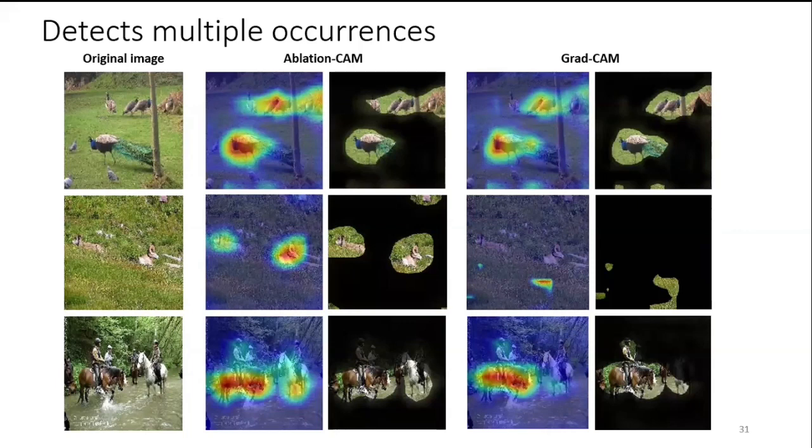So there is a scaling issue, and what happens is it only highlights a particular portion with very high intensity, and it tends to neglect the rest of the parts. On the other hand, Ablation-CAM does a better job of detecting multiple occurrences of the same category in the image.